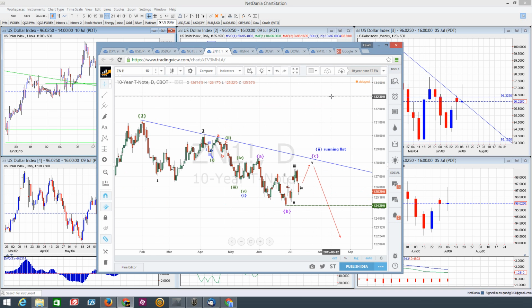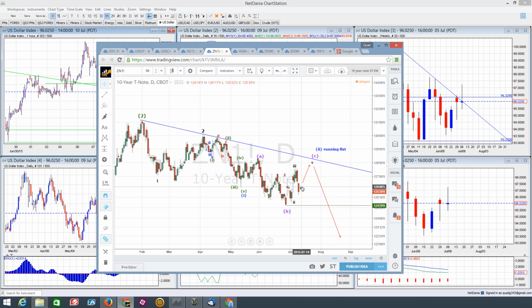All right, 10-year note. We've got a wave one to the downside, wave two, sub one, and we're working on sub two with an A, B, C, but running flat, it looks like, possibly. We've got the final leg up, wave C. I'm expecting to work itself out as 5 waves up, with wave 1, 2, 3, 4, and 5.